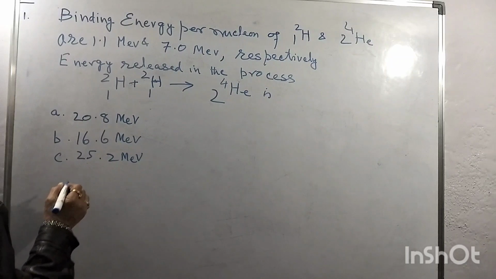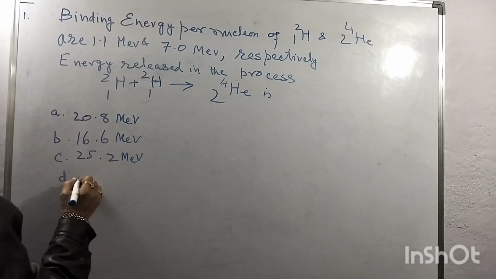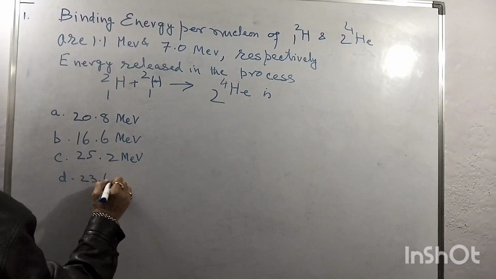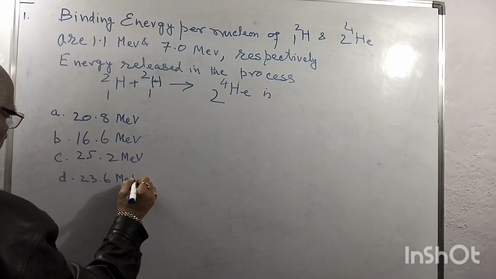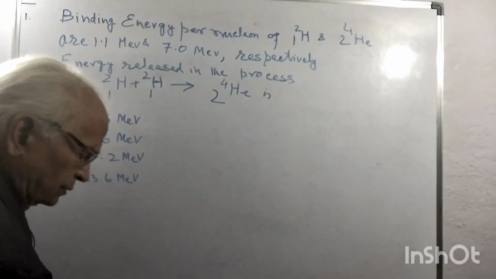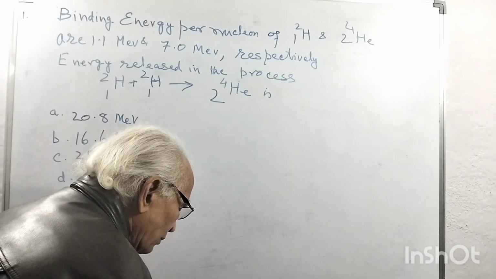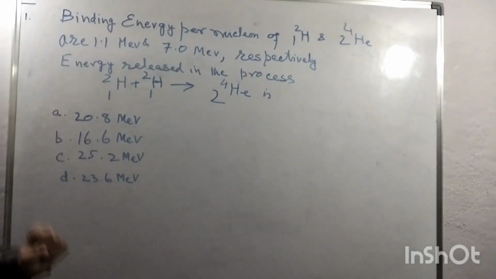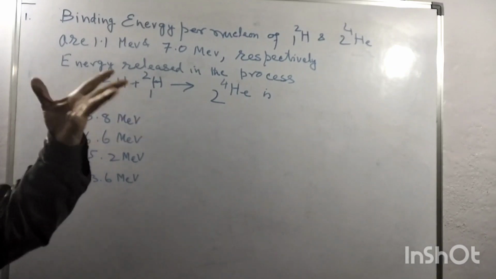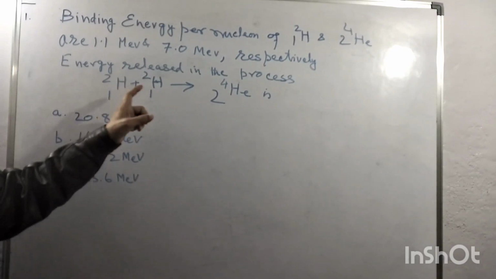Choice D is 23.6 MeV. So these are 4 options. You have to get the correct one and tick mark it. Either A is correct or B or C or D. Now how to solve? Use this and this.